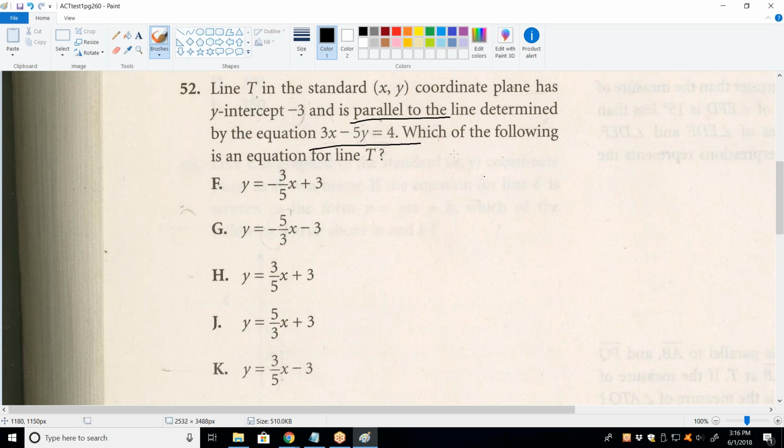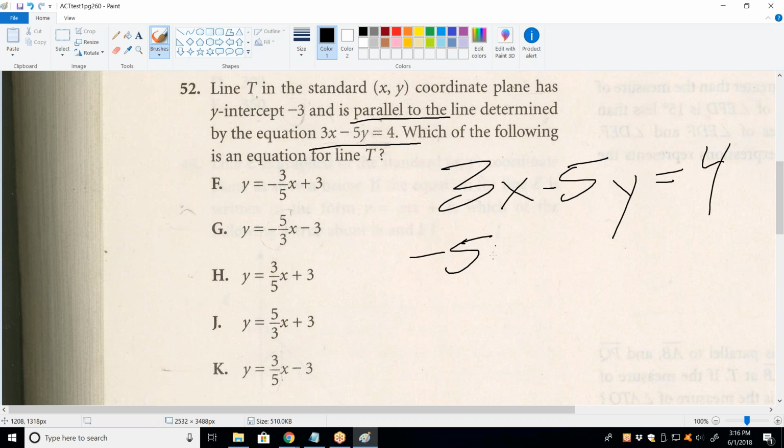In other words, read me the next line. Okay, I'll write it. We got to solve that for y. So subtract 3x from both sides. Give me the next, just read each line to me. Okay, so negative 5y equals 4 minus 3x. Oh, sorry. Now, I'm going to put the x first, not last.